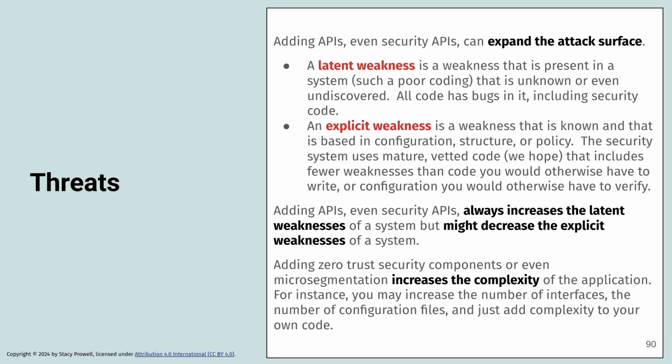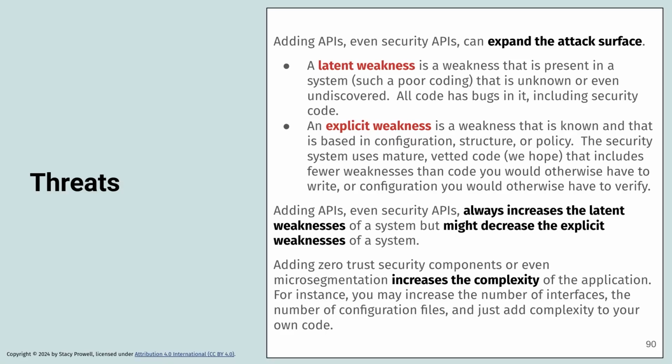An explicit weakness is a weakness that is known and that is based in the configuration, structure, and policy of the system. We can know about it, right? We know there is a weakness. And maybe knowing it's there, maybe the vendor fixes it, or maybe it's going to take time, and we have to then work around it.